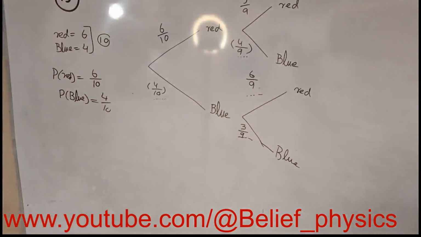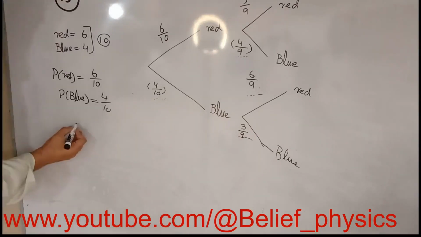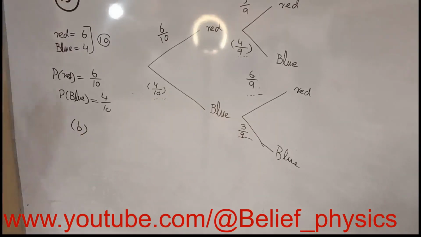B part is expressing your answer as a fraction in its simplest form. Calculate the probability that both counters are the same color. We have to find the probability that both counters are the same color. Now, what are the possibilities?